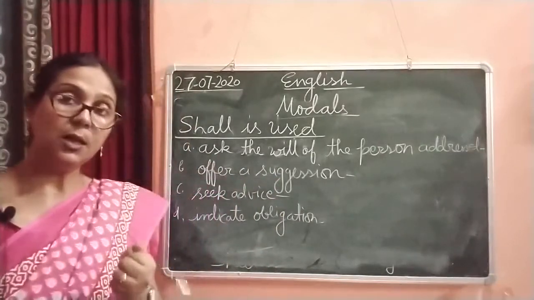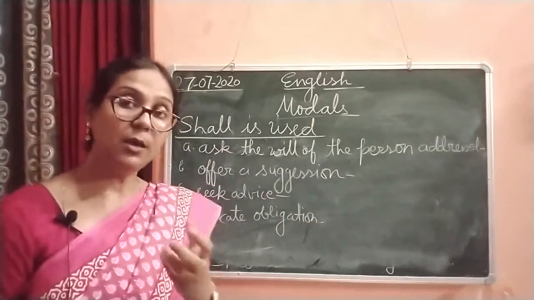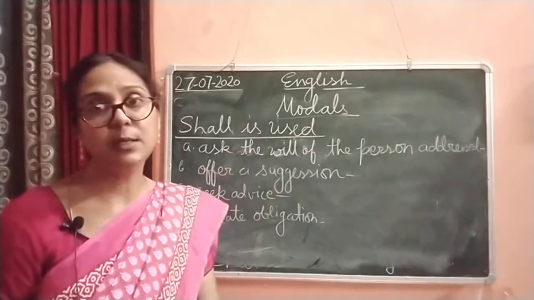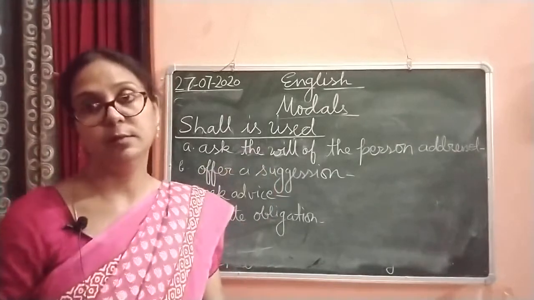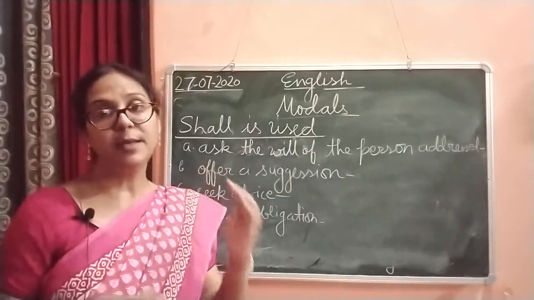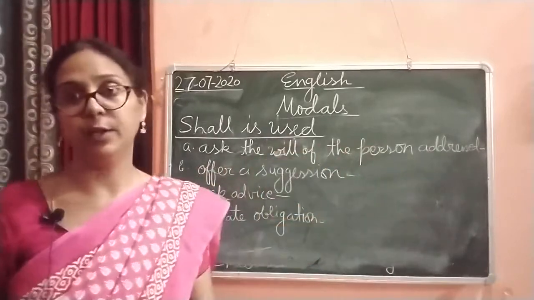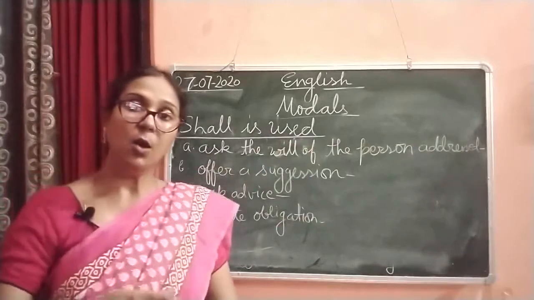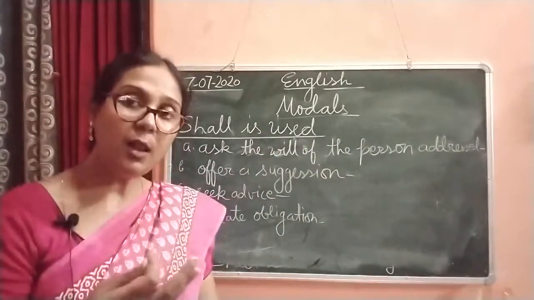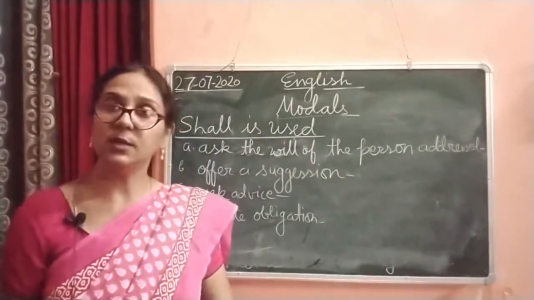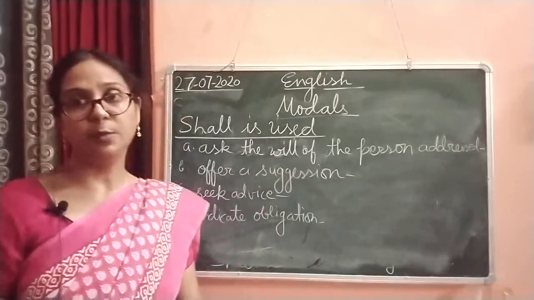Here you are asking the will of that particular person who is seated with you. That is the best example of the use of shall. If you are seeking the will of the addressed person, we are supposed to use shall.